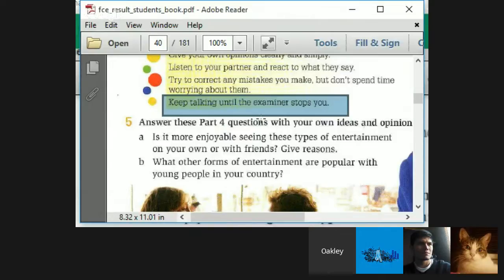There are 4 parts to the FCE. In part 4, you may be asked to cooperatively figure something out with your partners. So let's cooperatively look at a couple of questions here.